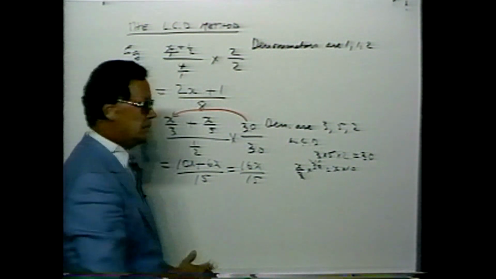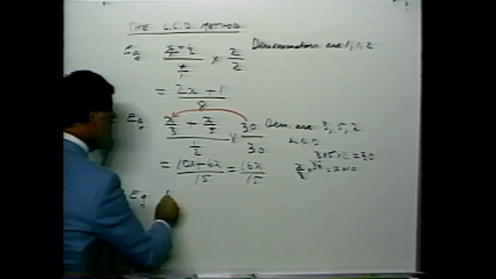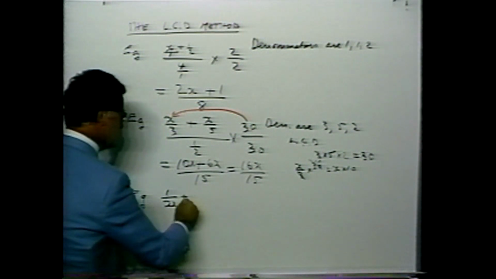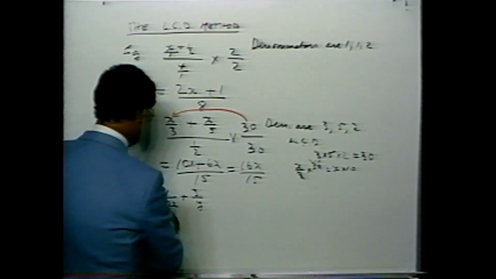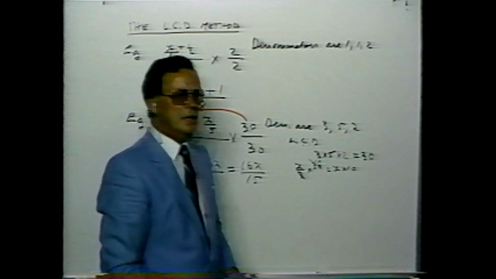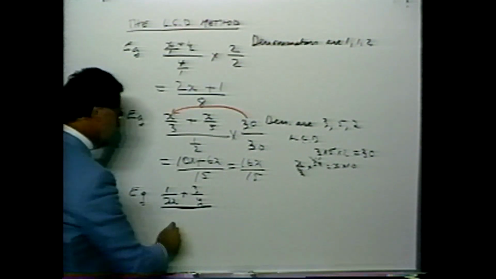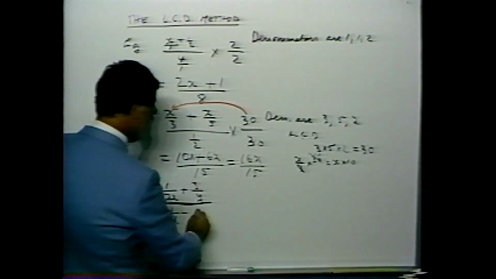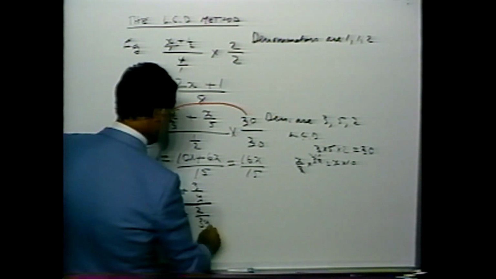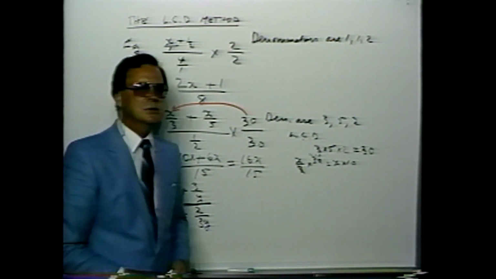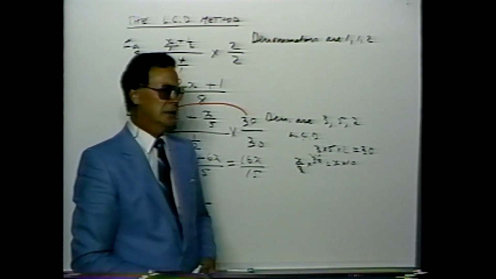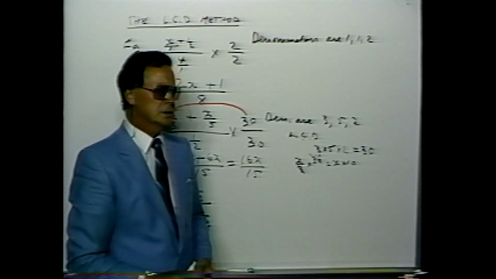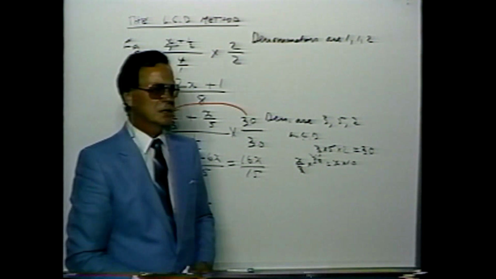1 over 2x plus 3 over y, all over 1 over x minus 2 over 3y. Now, each of these terms do have denominators, so we don't have to enter any ones to make up for those that are missing.